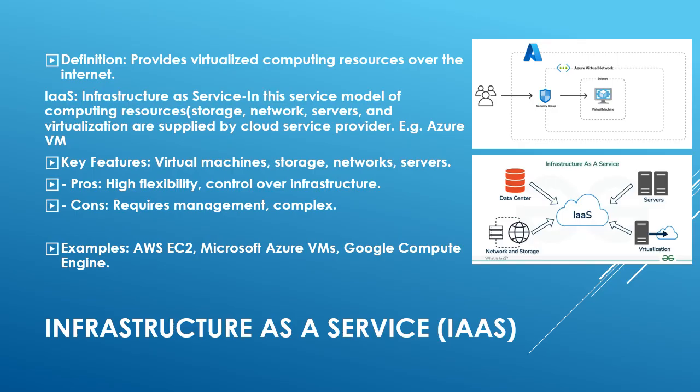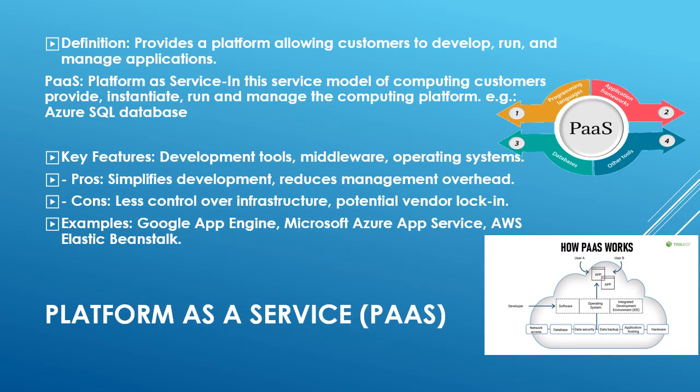So the next thing we are going to learn is the PaaS. This provides a platform allowing customers to develop, run, and manage applications. So for example, GitHub, for example, storage accounts. So you could actually run some middleware, like some of your applications, using an already developed platform.